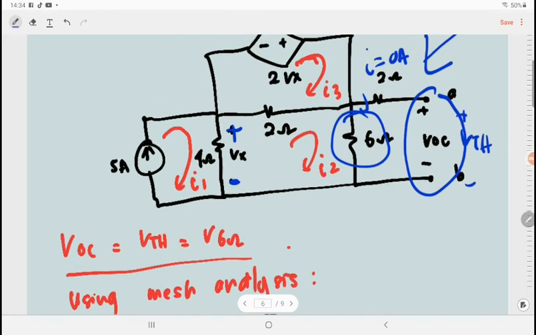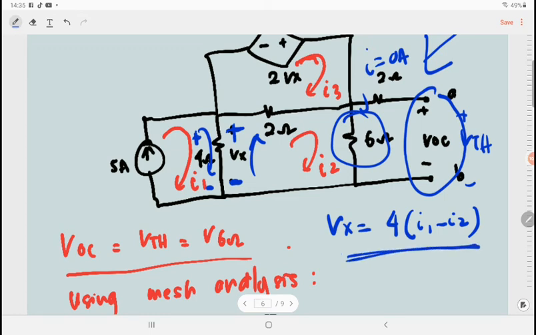Vx is actually the voltage at the 4 ohm resistor, but at the 4 ohm you have two currents flowing, which are I1 and I2. The polarity of Vx is due to the direction of the current I1. Therefore, we can say that Vx equal to 4 times I1 minus I2. This is the equation for Vx.